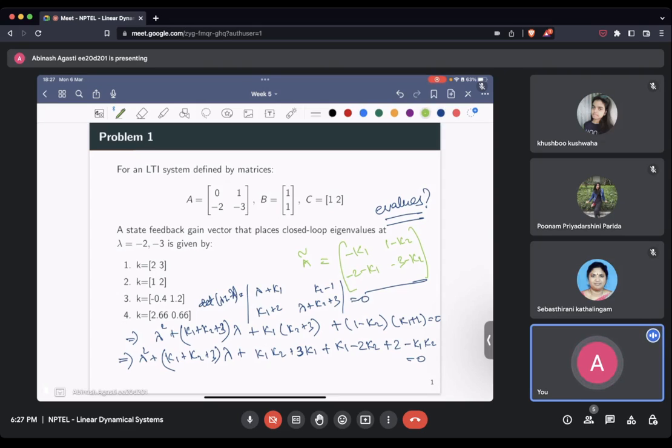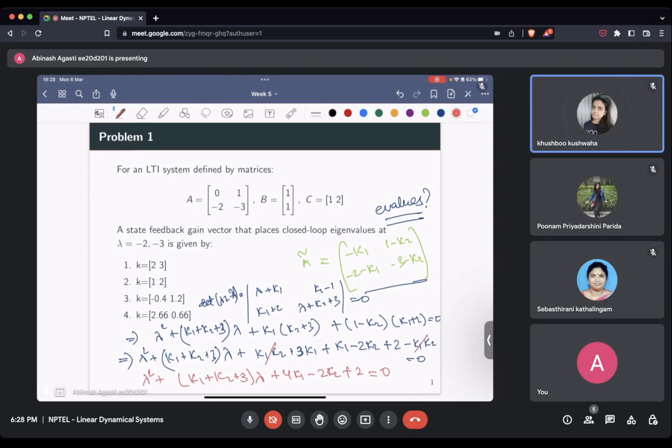So here you can see this gets cancelled and we are left with, yeah, this is the characteristic equation that we get.